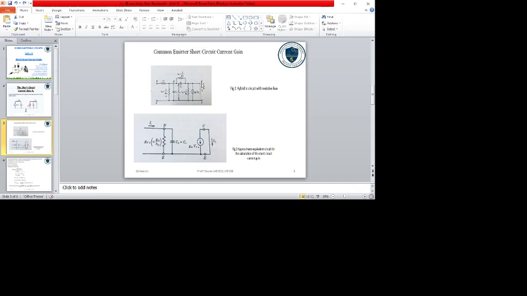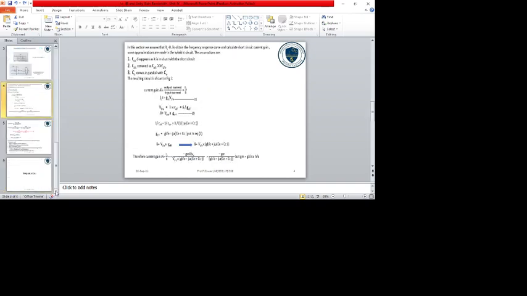We have to find the short circuit current gain. So we have to relate the output current IL with the input current IA. So current gain AI is equal to output current divided by input current. So these are all the conditions. We can remove the load resistance from the circuit.